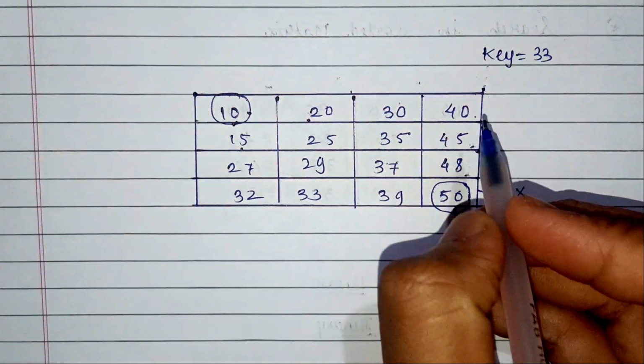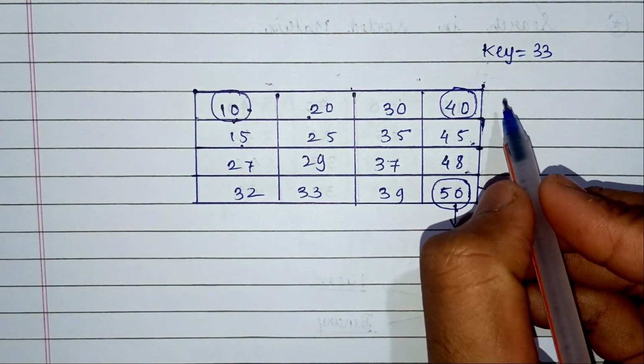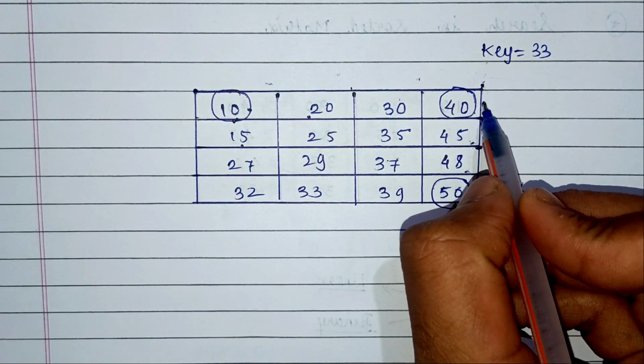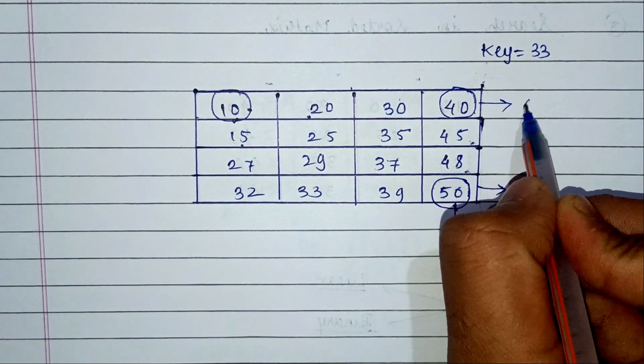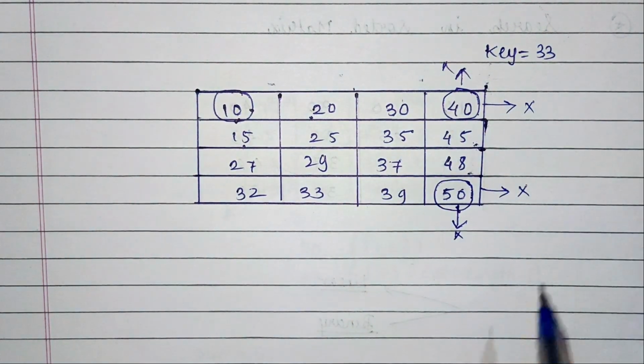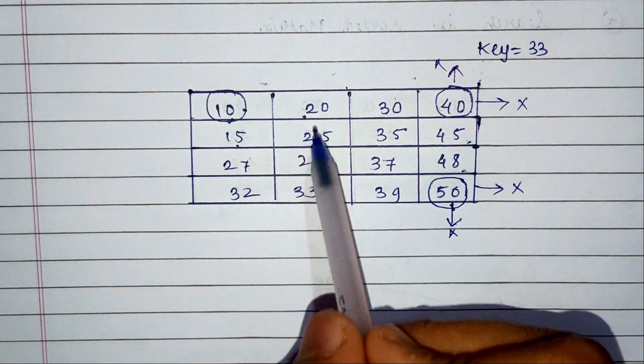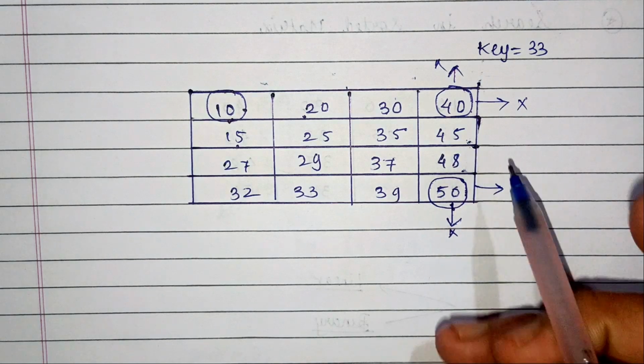So if we start from the 40th element, at this position, we cannot go here and we cannot go upside. So we have two positions: we have to go either to the left side or downside.